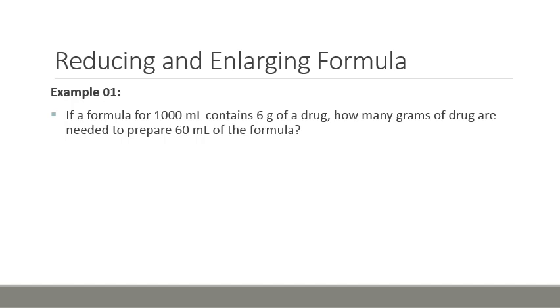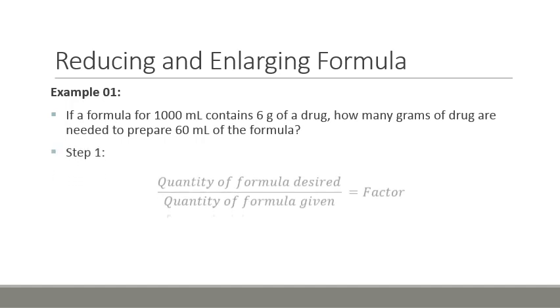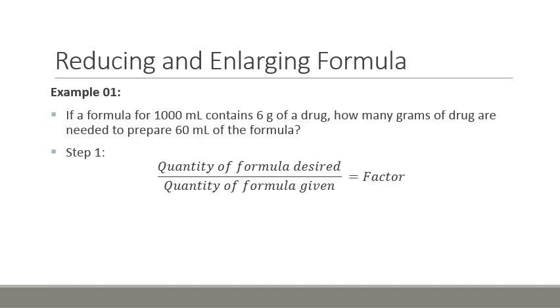As discussed earlier, to calculate how much of the drug will be required to make 60 ml of the formula, firstly we will find the factor. The formula is: quantity of the formula desired divided by quantity of the formula given is equal to factor.